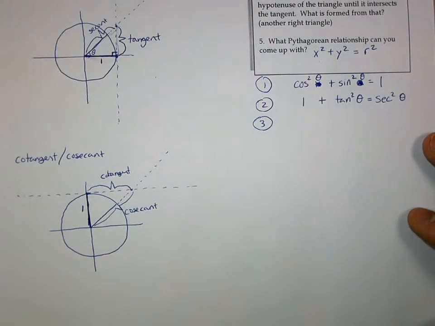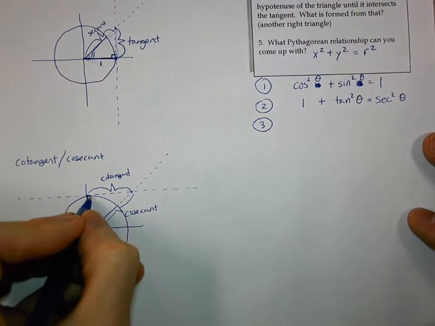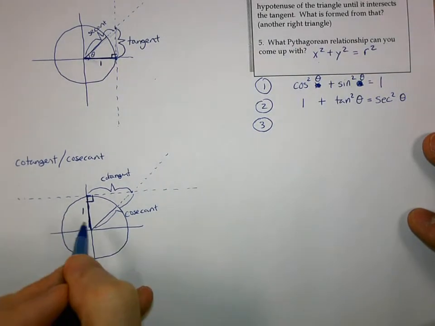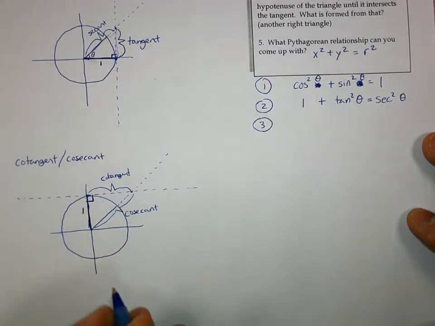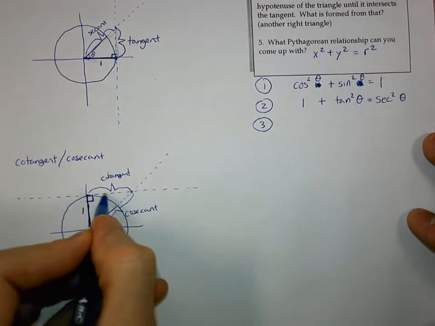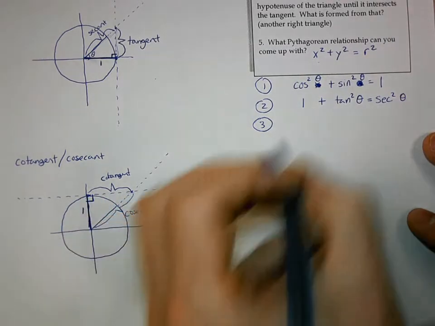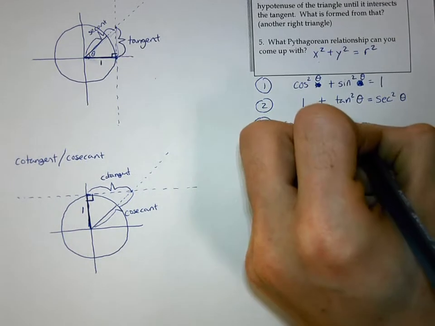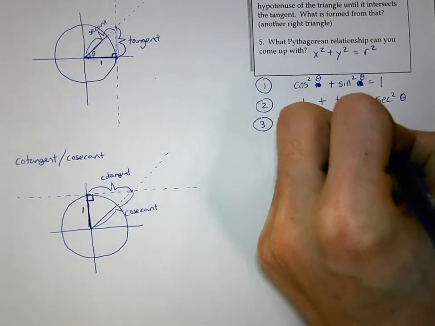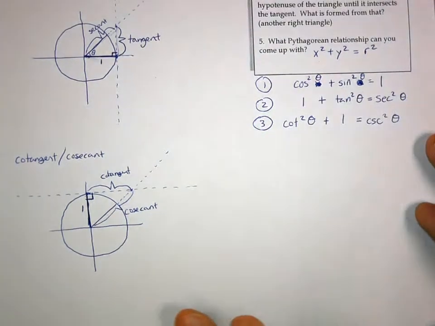The third identity then is taking my reference triangle from over here. I've got the 1, I've got a cotangent, and I've got cosecant. So here my x direction is cotangent. So cotangent squared plus 1 is equal to the cosecant squared of theta.